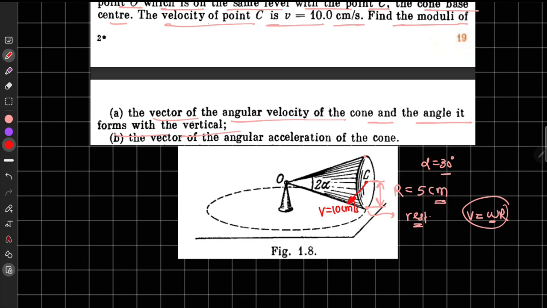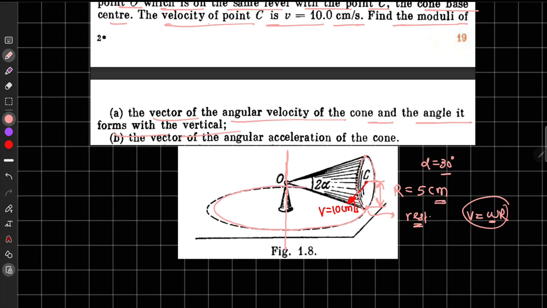Okay, so the angular velocity of this cone has two components. If we carefully look here, this particular point is rotating in this periphery, and the entire cone is rotating about point O, about this axis, in this periphery.